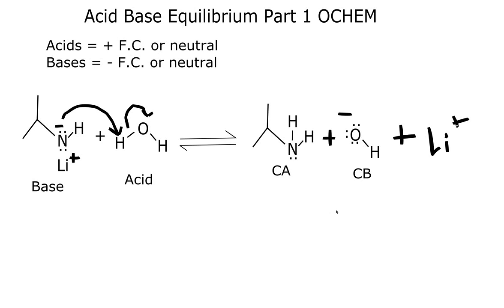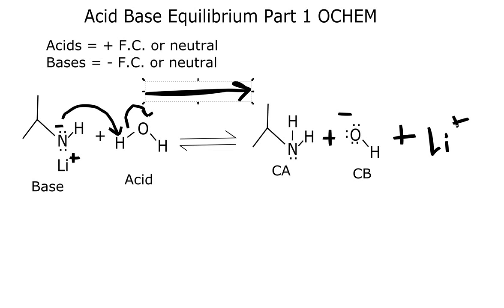But how do we determine which side's favored? Well, we compare our conjugate base to our base. Now, our nitrogen has a negative formal charge, and our oxygen has a negative formal charge. So, which side's favored? This side is favored. Why? Because oxygen is more electronegative. It likes to have electrons around it. While nitrogen is electronegative, but not as electronegative as oxygen, so it's more stable, if you want to say, with the negative formal charge on the oxygen.